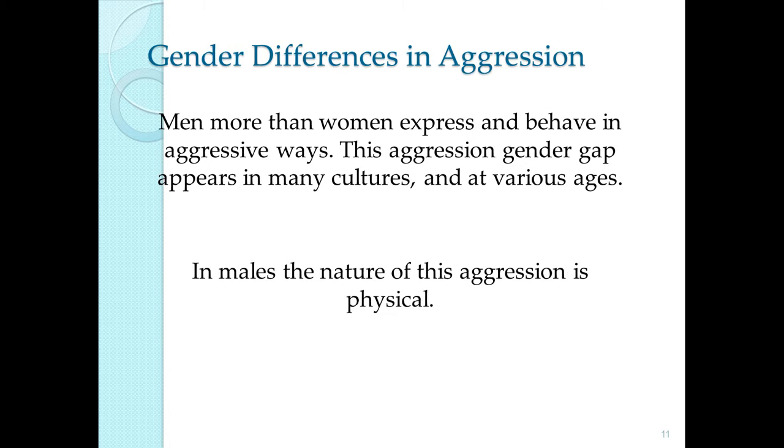Men and women also differ quite extremely on measures of aggression, particularly physical aggression. Males are, generally speaking, far more physically aggressive than females. And this makes sense if you look back into our evolutionary past.